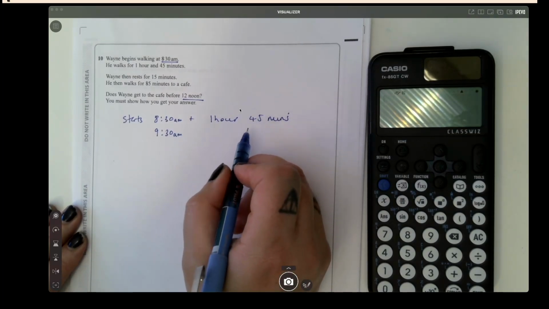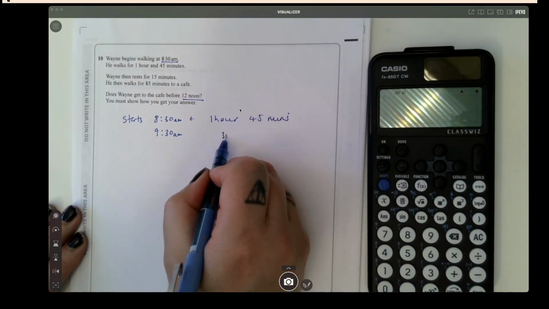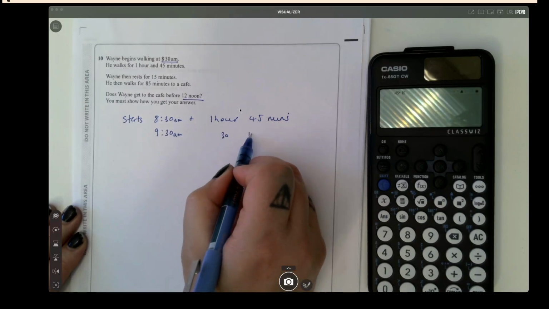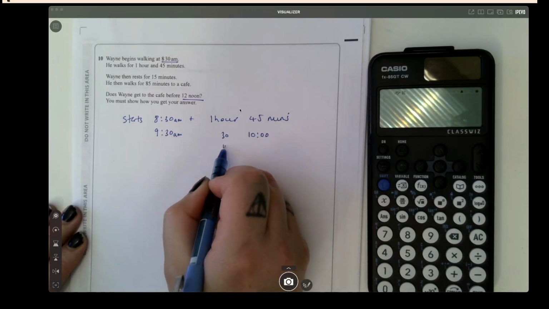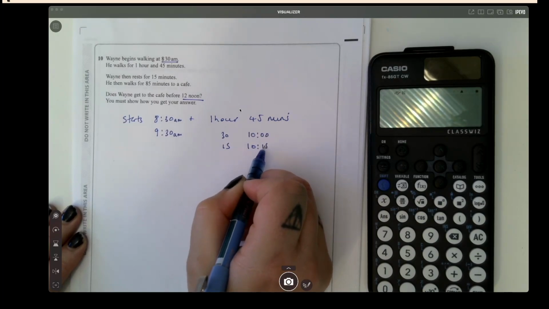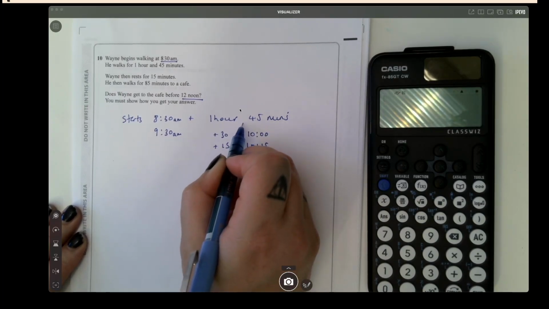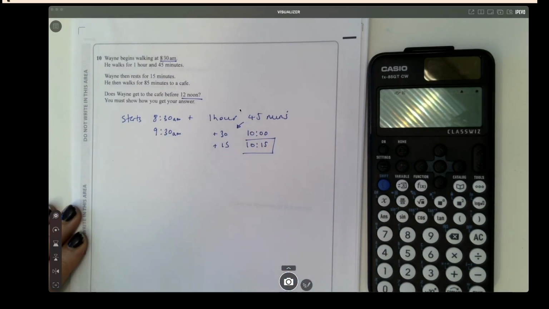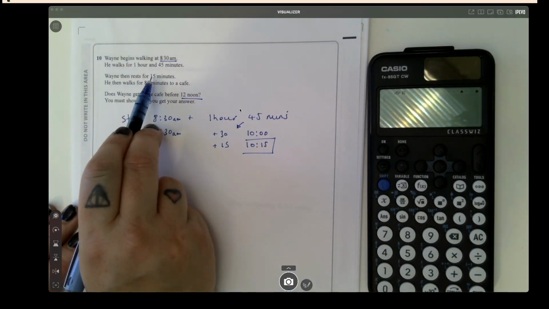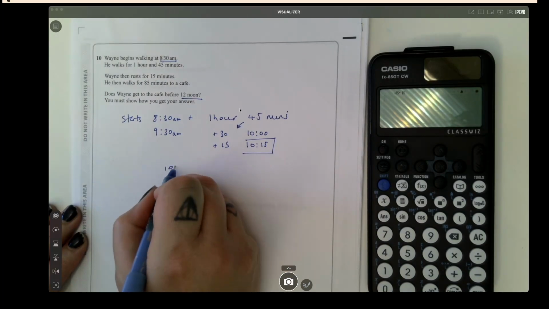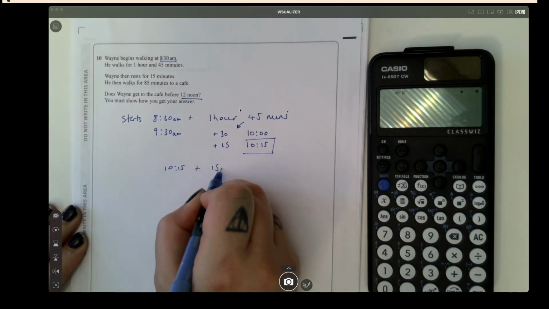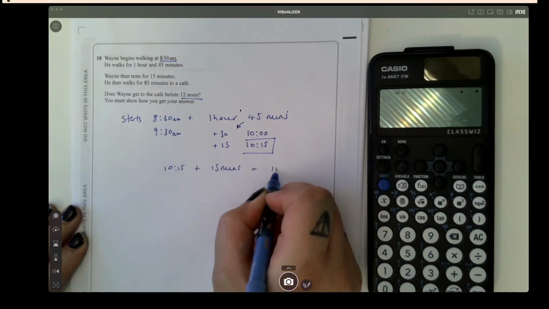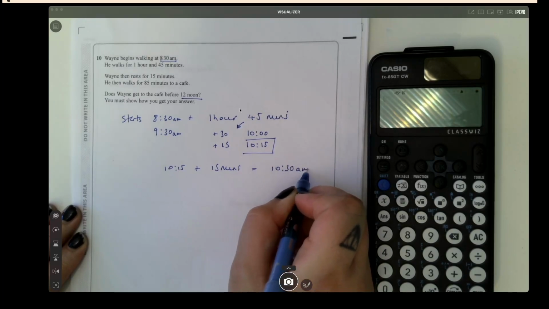So 30 of those 45 minutes would get us to 10. But then the other 15 would get us to 10:15. That's to account for that 45 minutes there. So we're currently at 10:15. He rests for 15 minutes. So 10:15 plus 15 minutes takes us to 10:30.